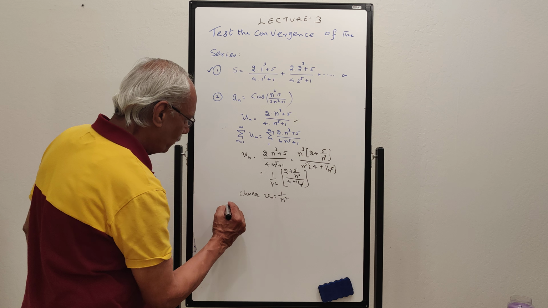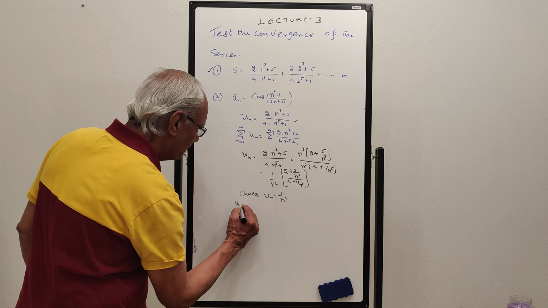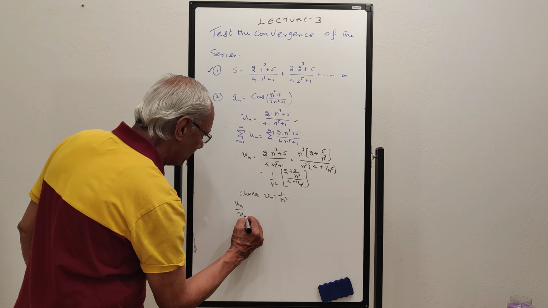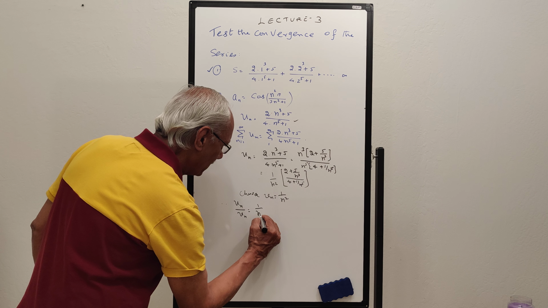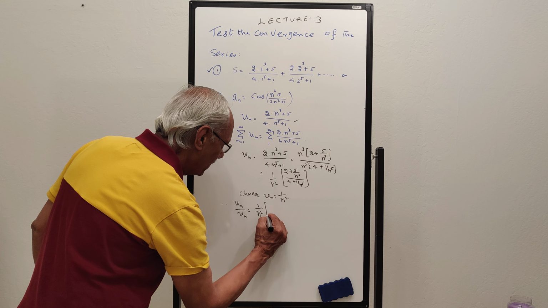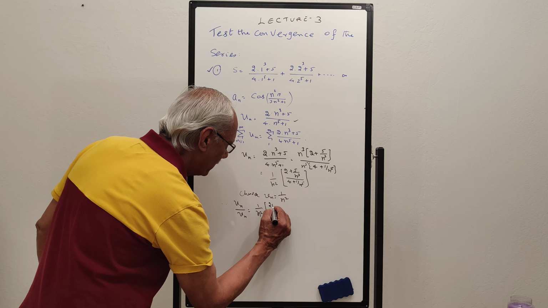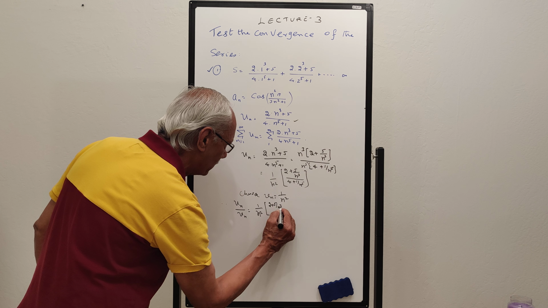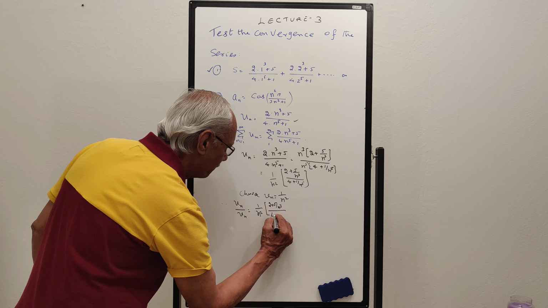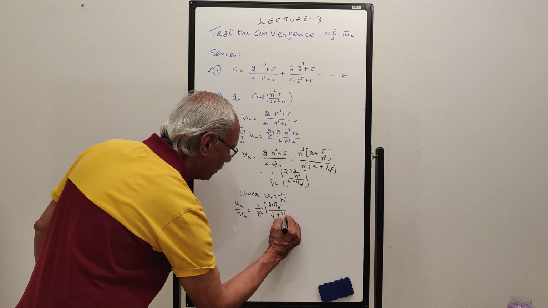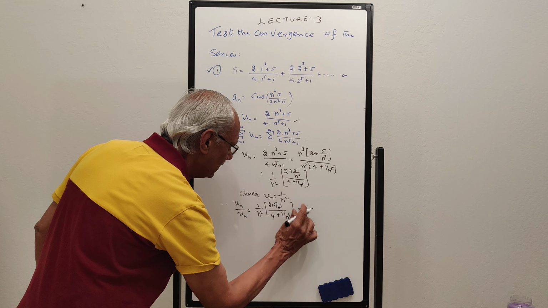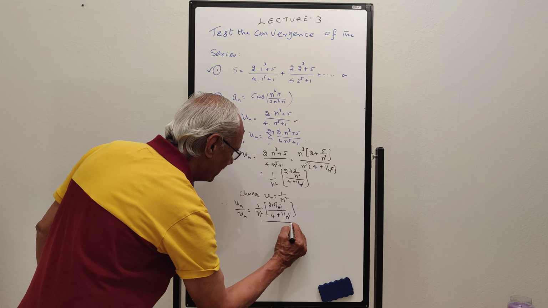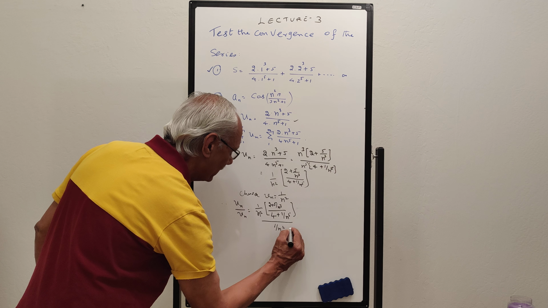Therefore un by Vn will be equal to 1 by n square into 2 plus 5 by n cubed divided by 4 plus 1 by n to the power of 5, divided by 1 by n square.